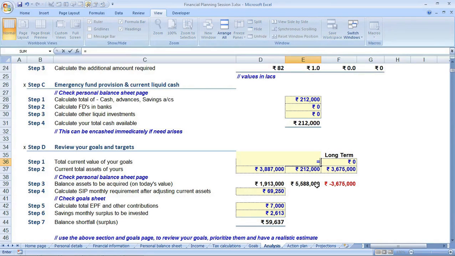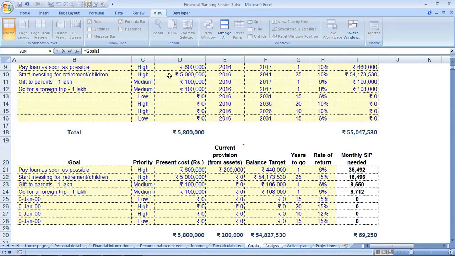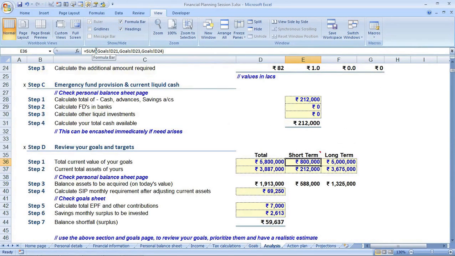The value of his short-term goals is 8 lakhs and has a provision of 2 lakh cash. The remaining goals would go for the long term.